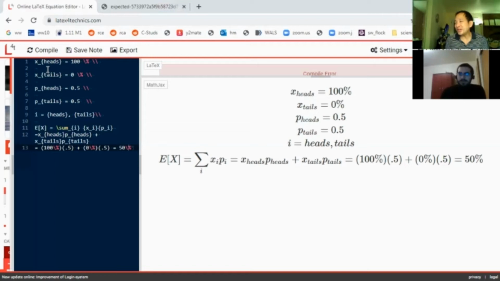I think this exercise just helped me to get more familiar with LaTeX. So I'm going to say this LaTeX for technics.com. And now we know how to convert the symbols.